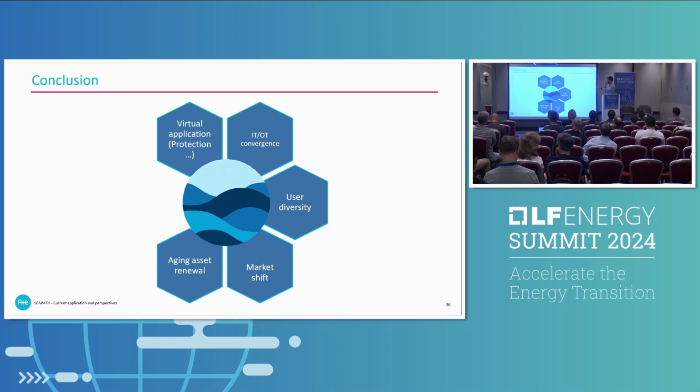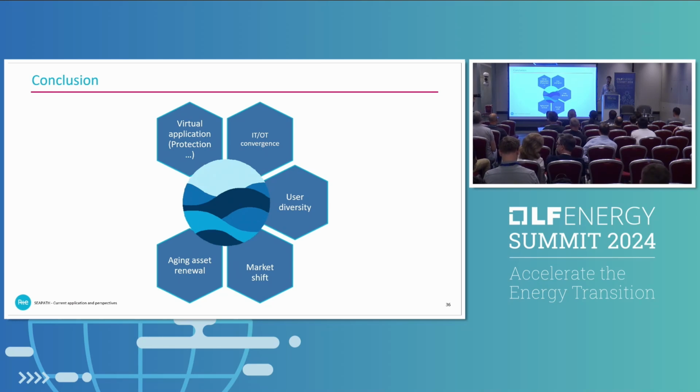It's at the intersection of all these things we talked about. The market shift from hardware to software. We have high diversity in the users: vendors, TSOs, DSOs, and that's great. It's an IT/OT convergence project, and also we have to develop a whole market of applications running on Seapath, because today we have some prototypes.